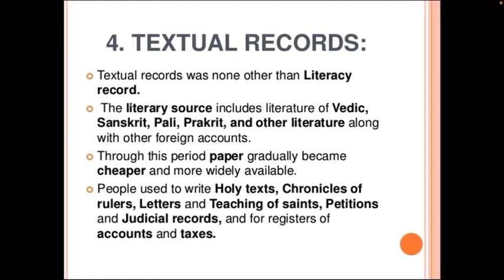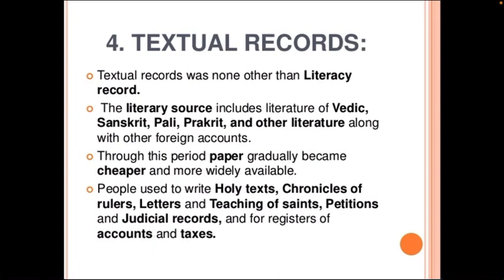The fourth one refers to the textual records. Textual record was none other than literary record, something which was written. The literary sources include literature of Vedic, Sanskrit, Pali, Prakrit, and other literature, along with other foreign accounts.